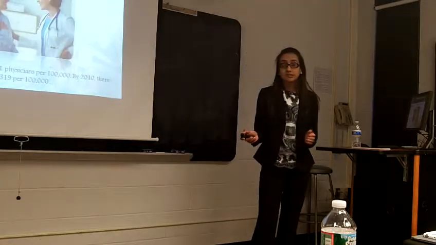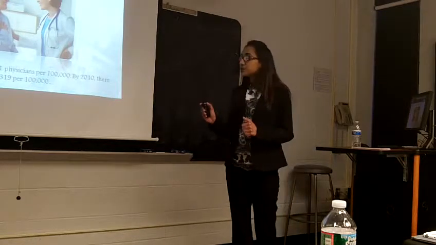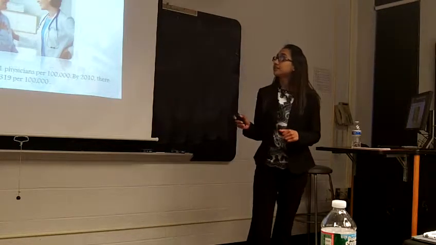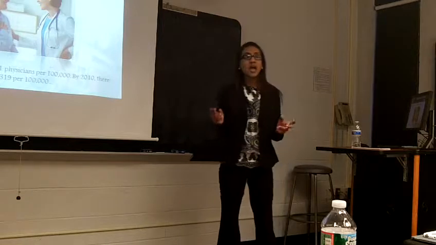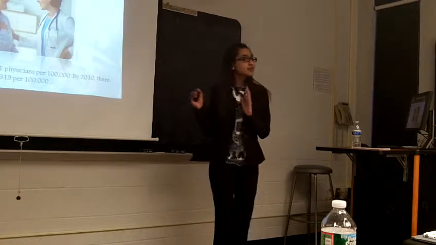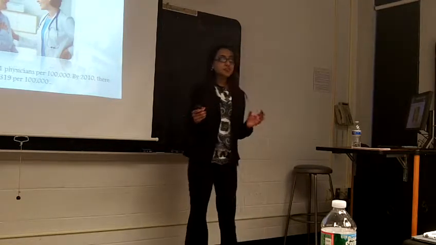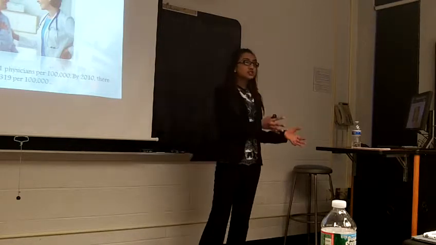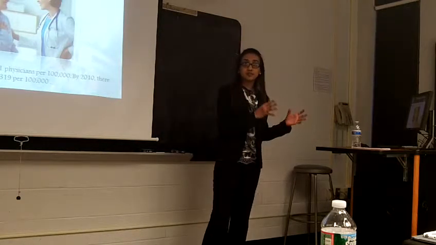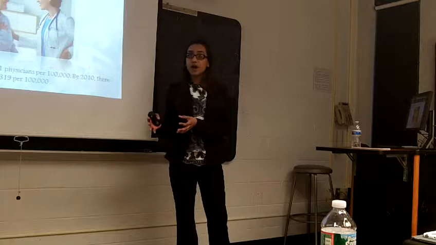Using these numbers, the American Medical Association has calculated the physician to population ratio. It's a big word, but what it really does is compare the total population in terms of physicians with the civilian population.